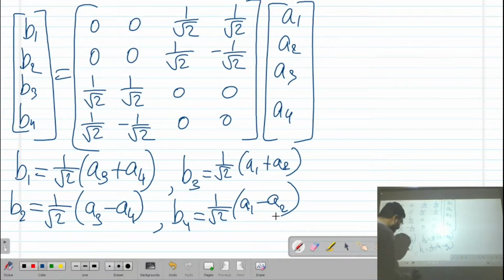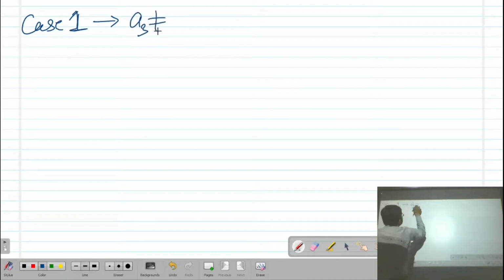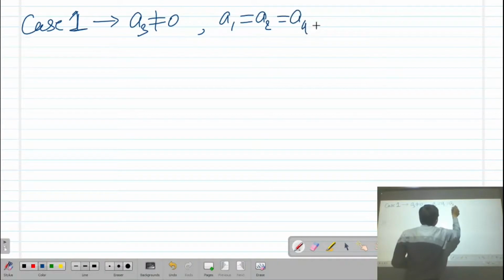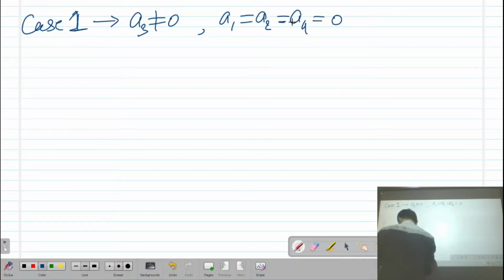What we have done earlier. So, case 1, where we are considering A3 is not equal to 0, and A1 is equal to A2 is equal to A4 is equal to 0.